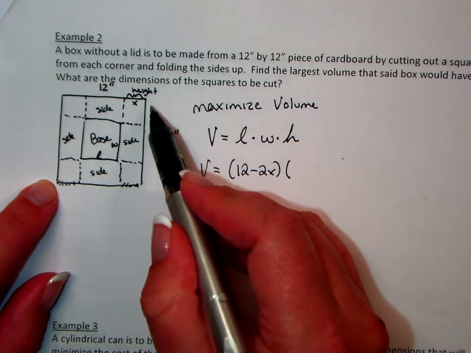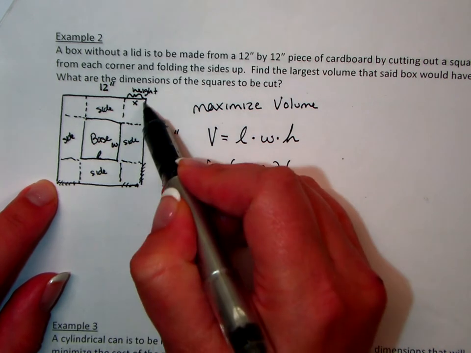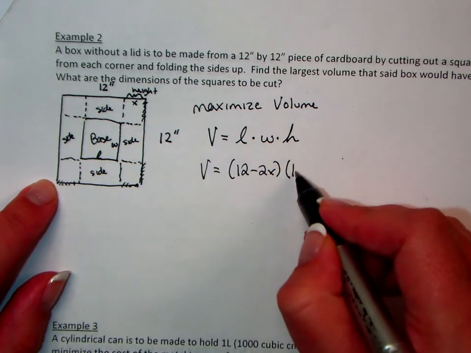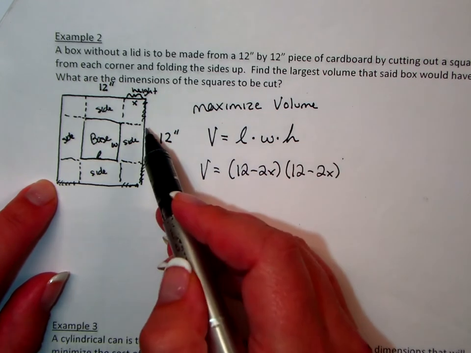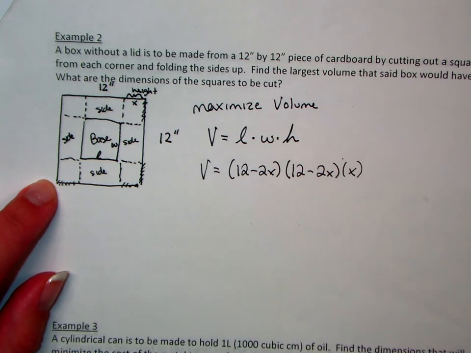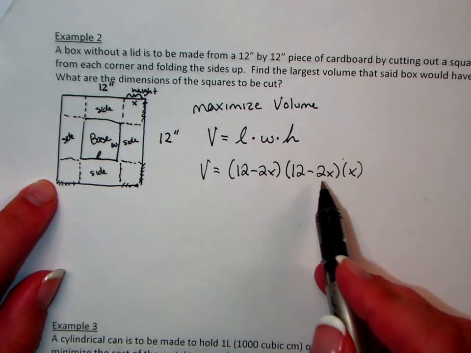We started off with 12 inches, and we're going to cut x distance off of both sides, leaving the middle. So the width is 12 minus 2x. And the height, when we fold this flap up, is simply x.